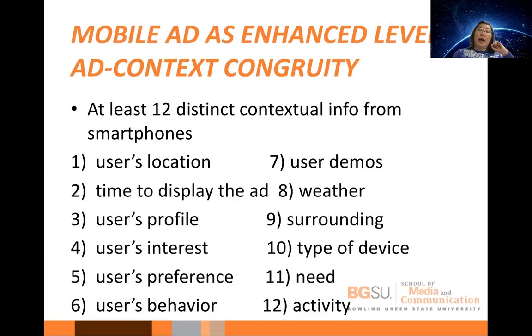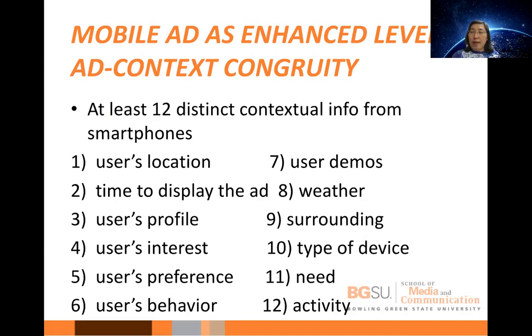So mobile media allows you to enhance the level of ad content congruity in this digital age. In particular, the smartphone, because of a lot of the data and capability, is a very useful device. So we can easily utilize at least 12 pieces of information from your smartphone. We know the user's location, so we can target the location to advertise.